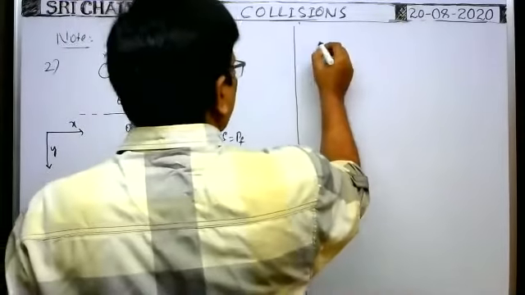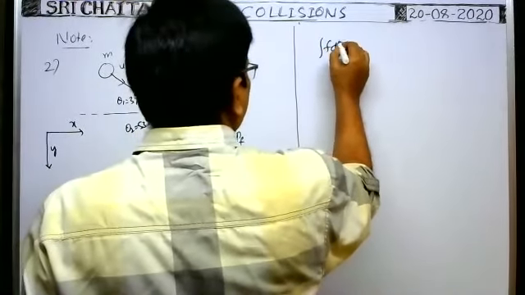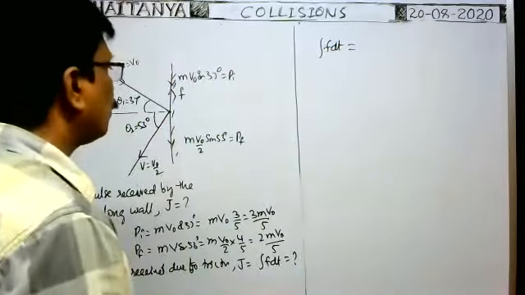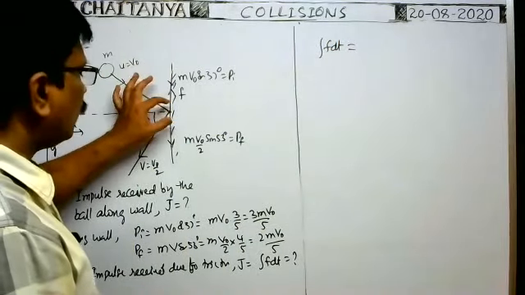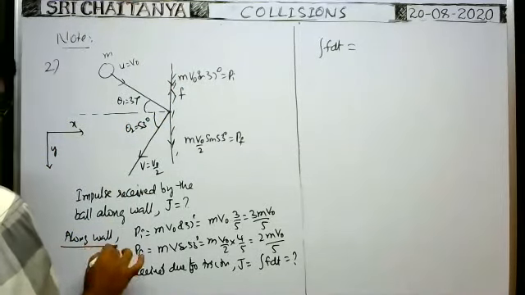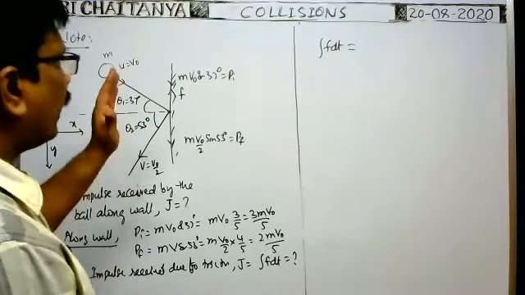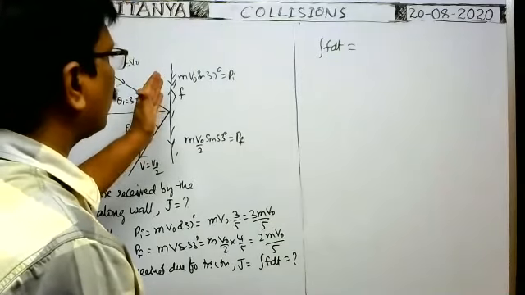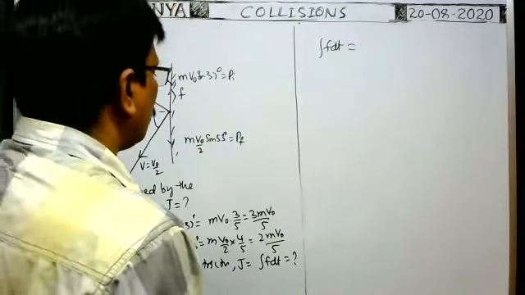Therefore, integral F dt is the impulse received by the ball due to friction along the wall. Along the wall, the impulse received by the ball is integral F dt.